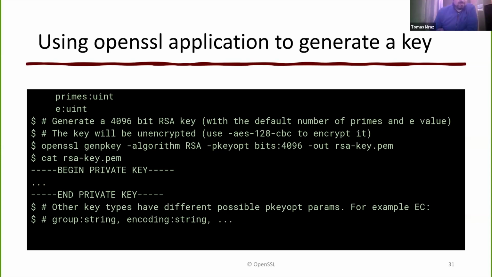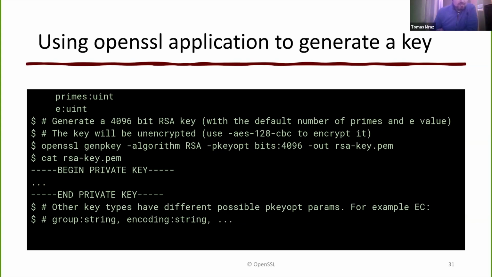Bits is the length of the key, basically, and primes is the number of primes that the key is generated with. That's kind of advanced usage, so not needed to change. The default is basically 2 primes, which is the common thing for RSA keys.